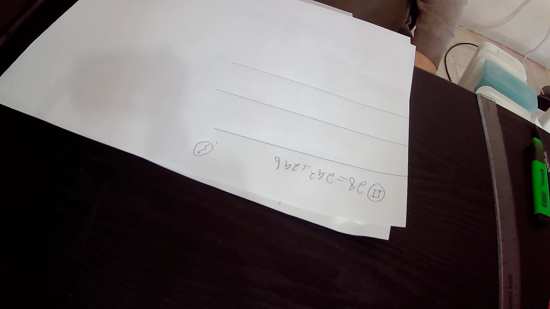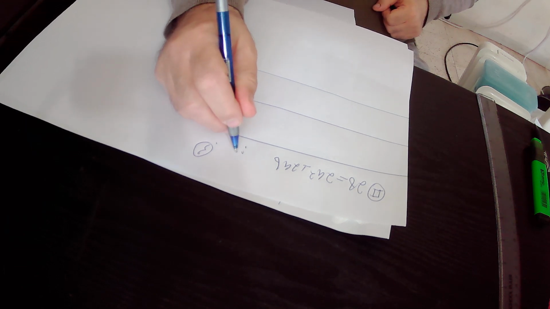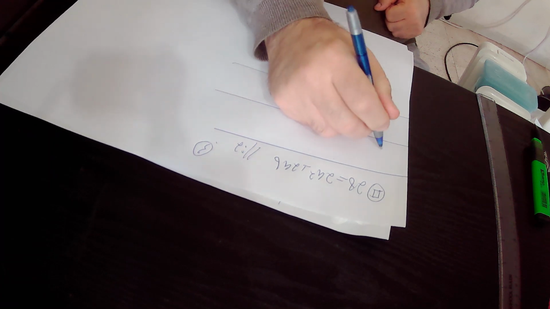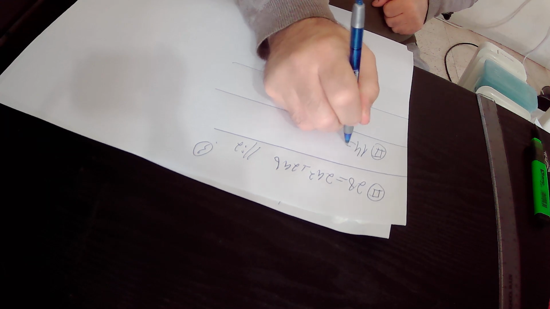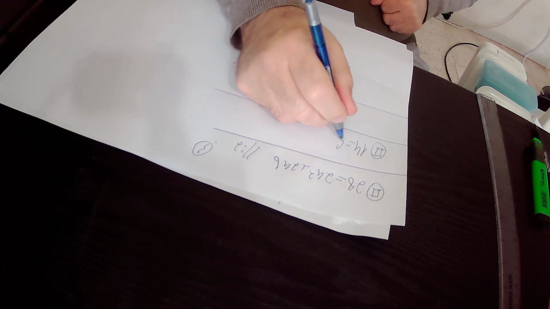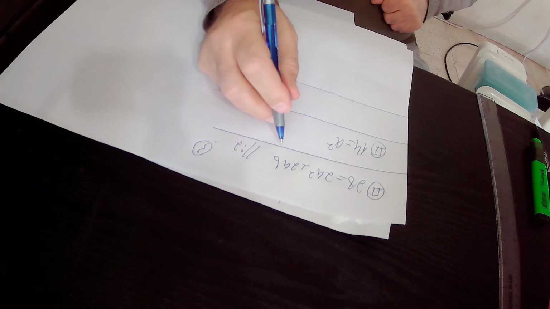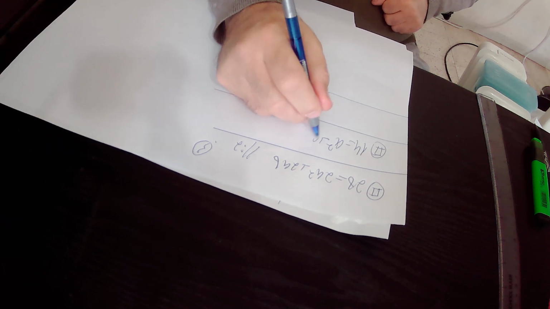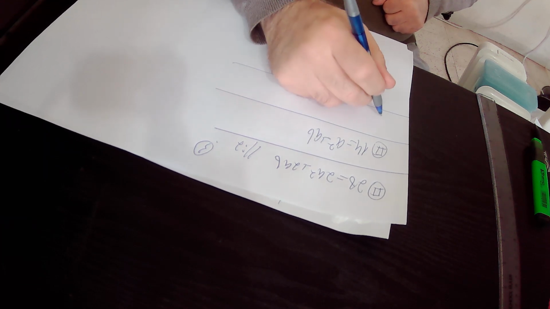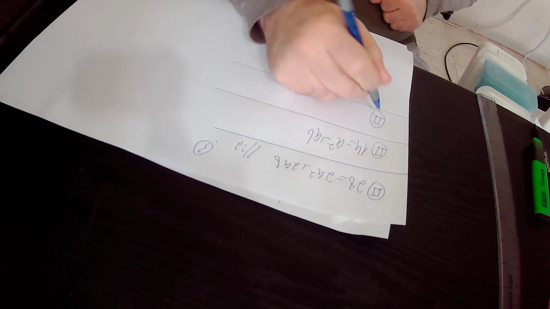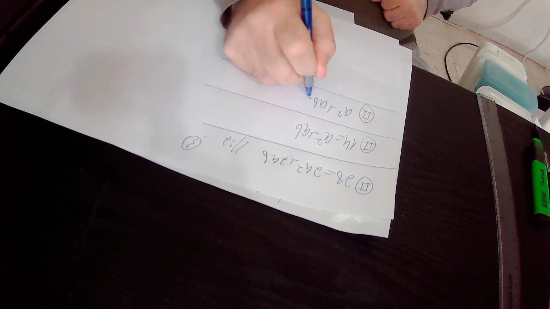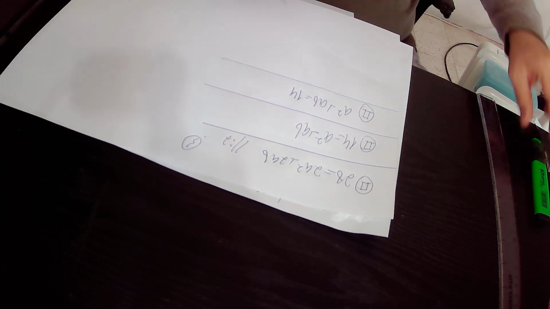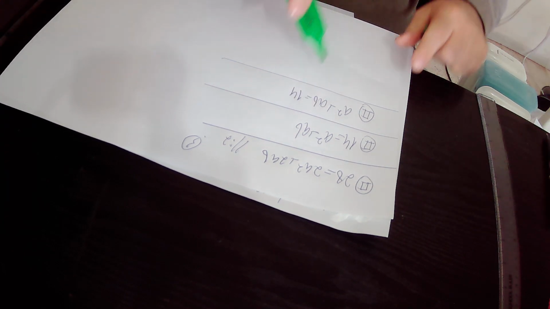Here we will divide equation 2 by 2. Finally we get that 28 over 2 is 14, equals 2a squared over 2 is a squared, and 2ab over 2 is ab. So in conclusion, according to equation 2, we found that a squared plus ab equals 14.